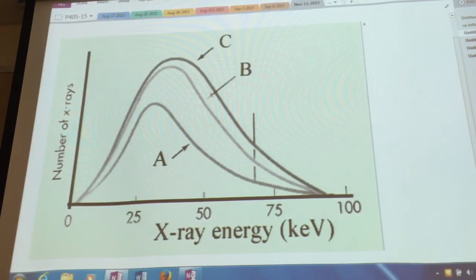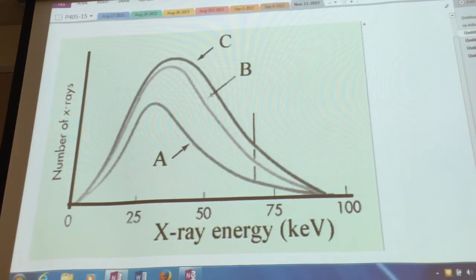Do we say that A has the harder beam? Where are the averages? C has the highest average. A has the lowest average. B is in between.